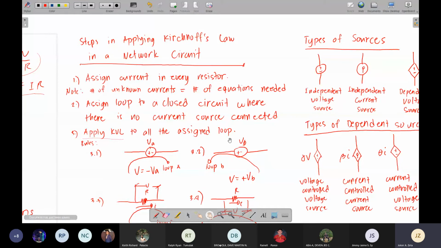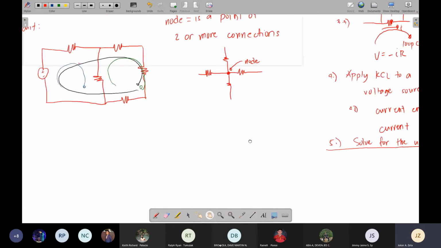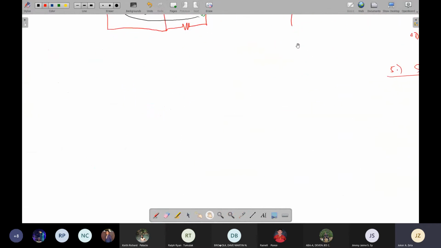But then again, I know mas dali para ninyo ang sabot kung naay example. So don't worry, mag-example ta, no? So let's have example number 1.